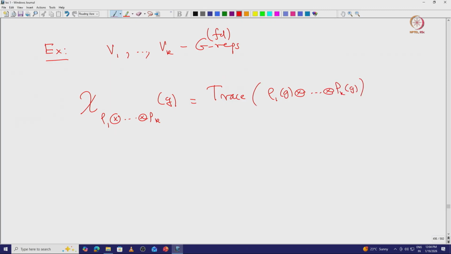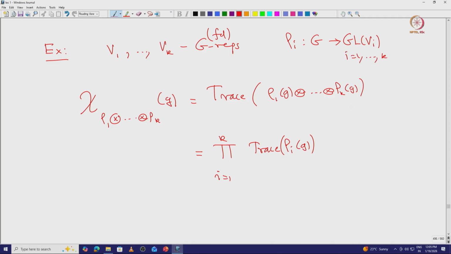Now we know how the trace behaves with respect to tensor maps: the trace of the tensor is just the product of the traces. So this is exactly the product of the traces of the individual rho_i(g) for i ranging from 1 to k, where rho_i is the representation on V_i.